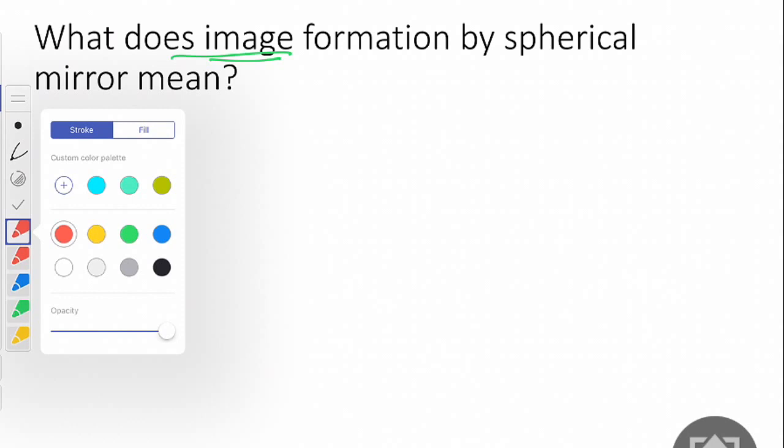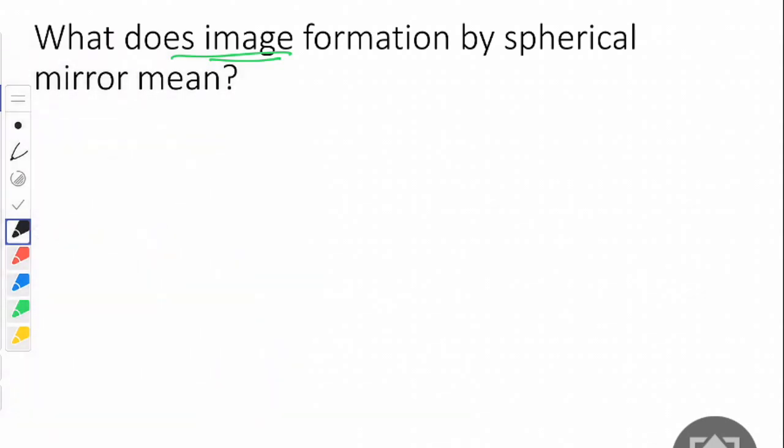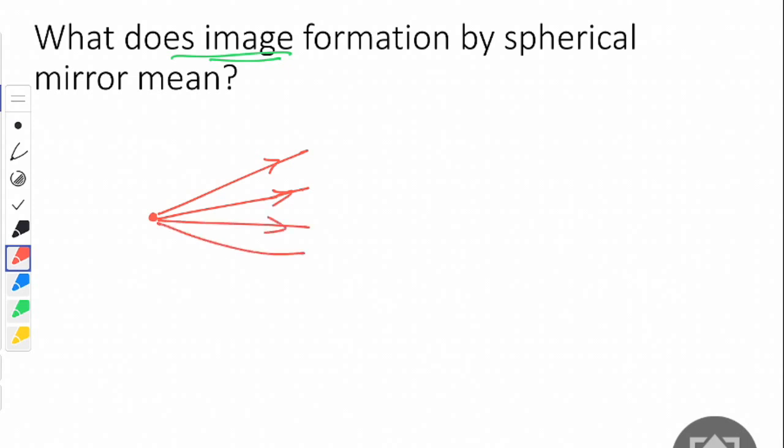Let's say there's an object. Let me take a red colored object. This object is reflecting some light, and there are light rays going in all directions, an infinite number of light rays.